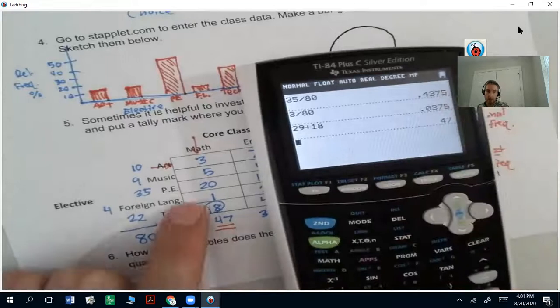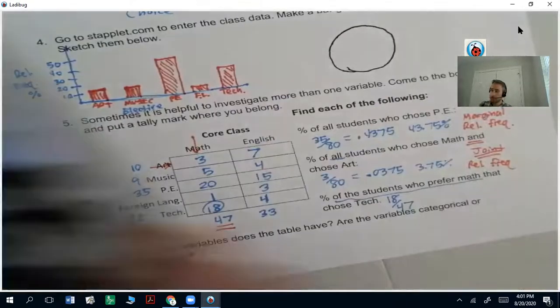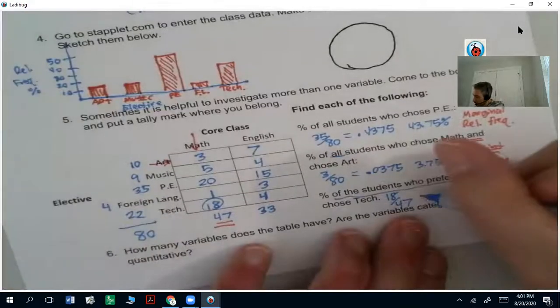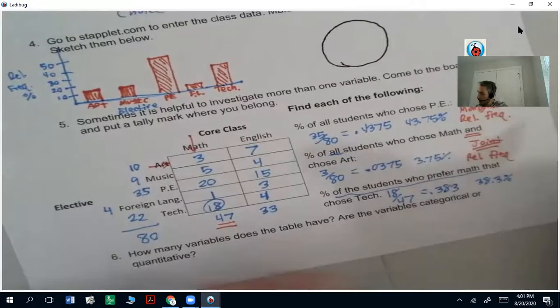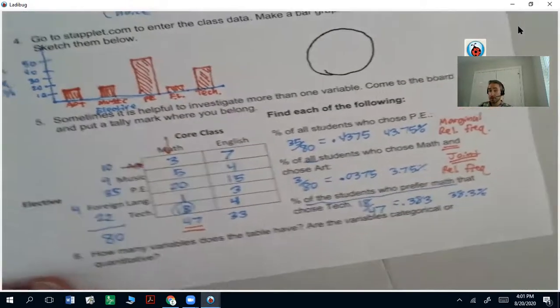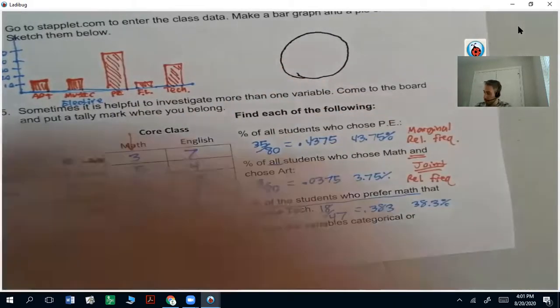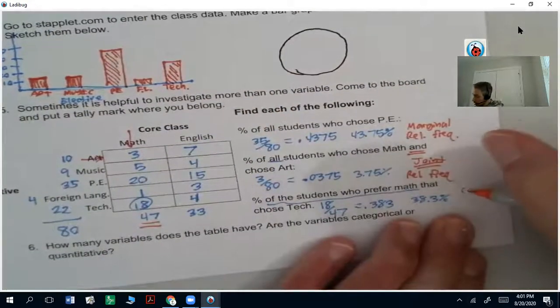It's not quite the PE because there were a lot of people that like PE, but 18 out of 47 is 0.3829, or 0.383 if you want to round that 9 up, or 38.3%. That percentage also is a relative frequency, but it is called a conditional. Condition is when you separate a column or a row and you do just out of that subtotal. So I'm going to write conditional.